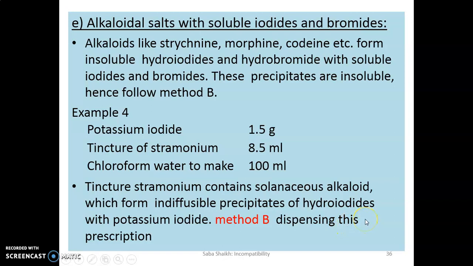Now, one important point I want to tell you, don't panic because of these typical reactions and prescriptions. They are very easy. Whenever in the exam you get a prescription, the question will be to comment on the above prescription or write the incompatibility present in the prescription. This is a simple question.